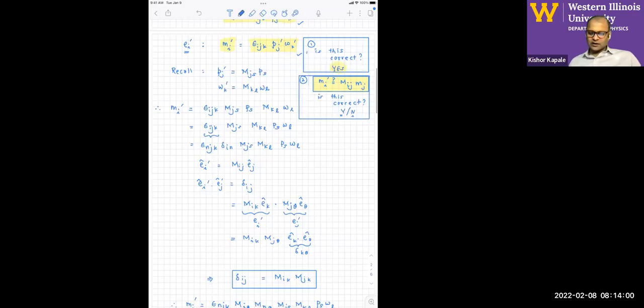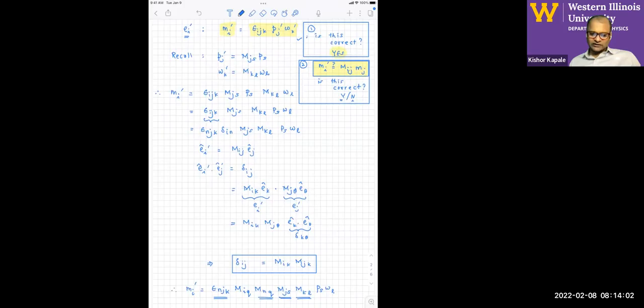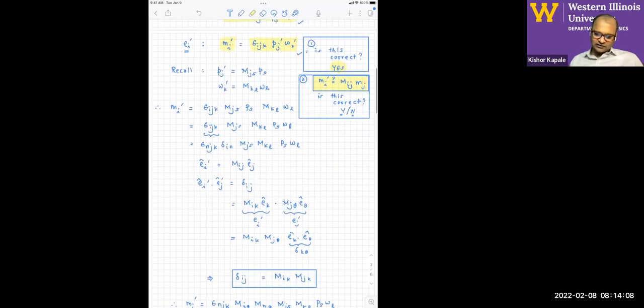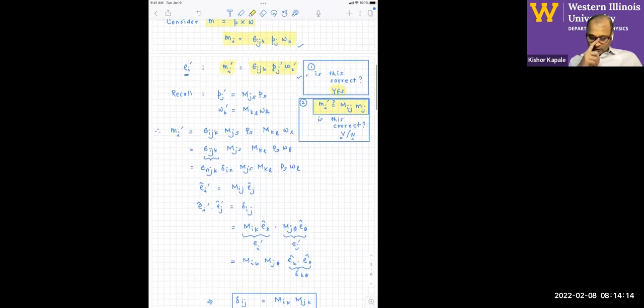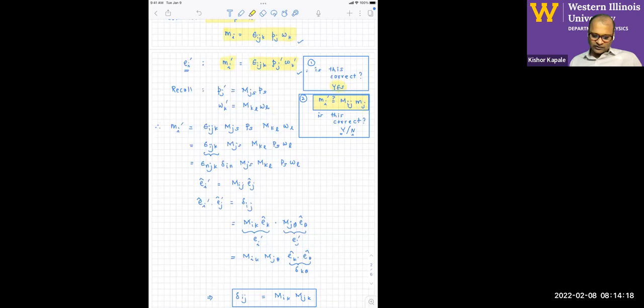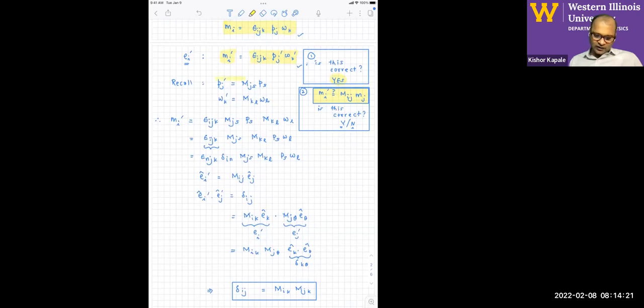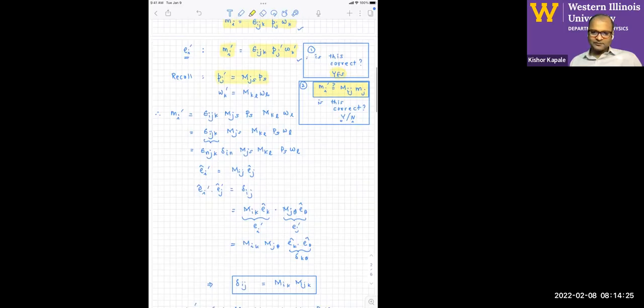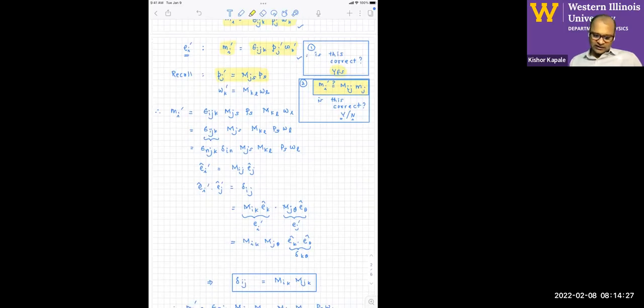Okay, so I just clarified that those two questions are different, so we don't get confused. So let's find the answer to this question 2, not just as yes or no or majority voting. Let's rigorously prove or find out what the answer is using mathematics. So this we know: using the transformation matrix, Pj prime is going to be MjsPs.